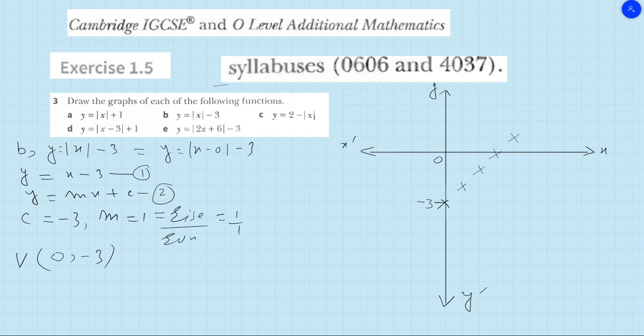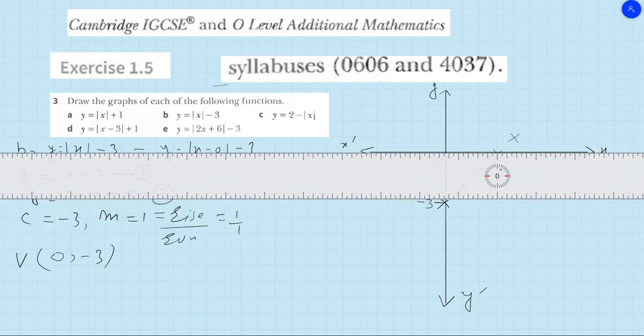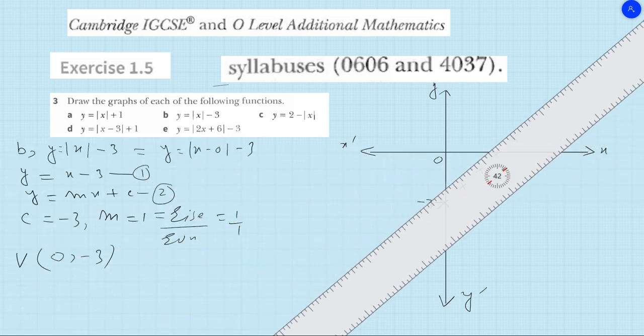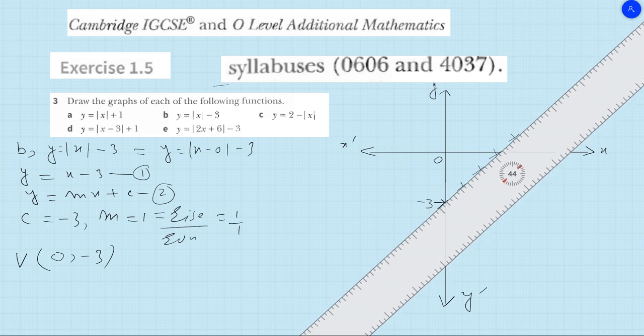Now join all these points to get our straight line. How many points do you have to locate? At least 4 or 5 or 6, as you wish.